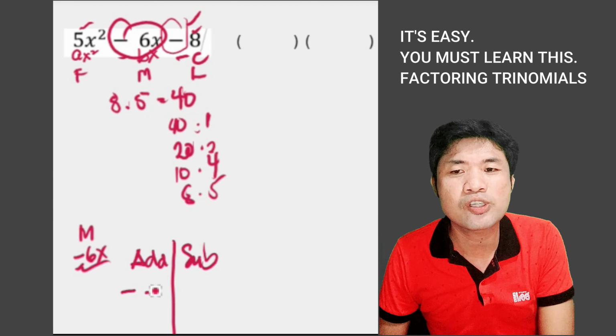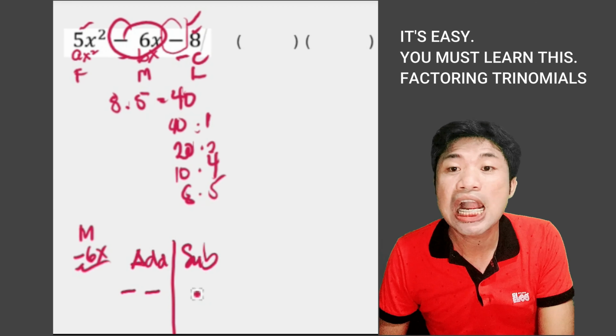And then for the subtraction, since it is negative, automatically the greater number is negative and the other number is positive. Look back on our last term since we already defined the middle terms. Ang last term natin, tingnan natin, negative 8.